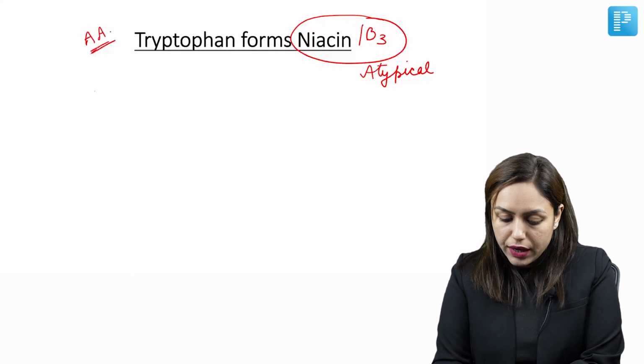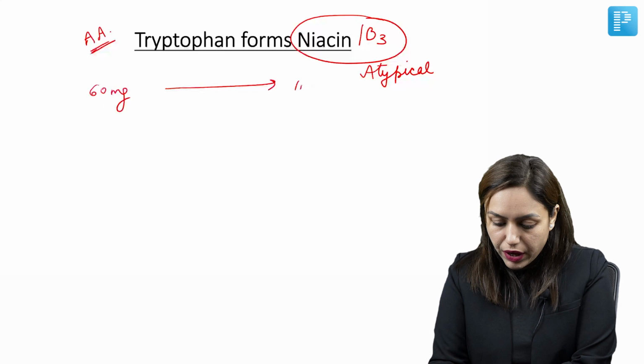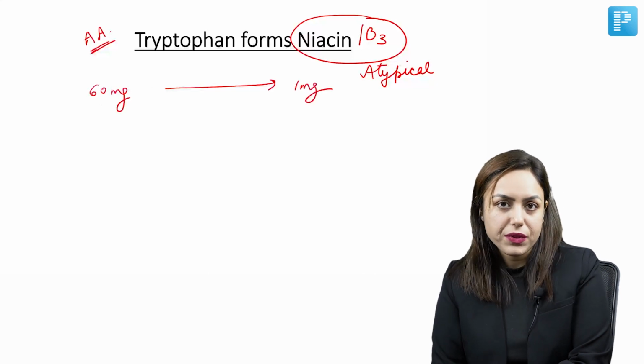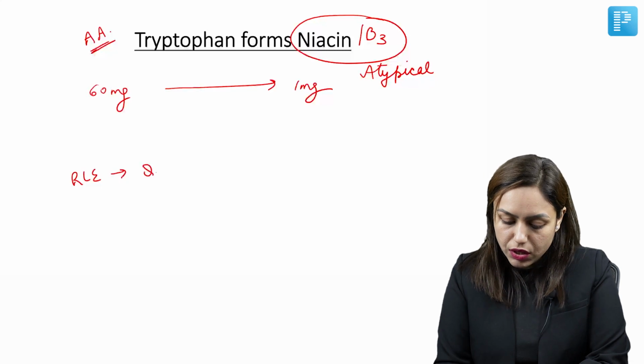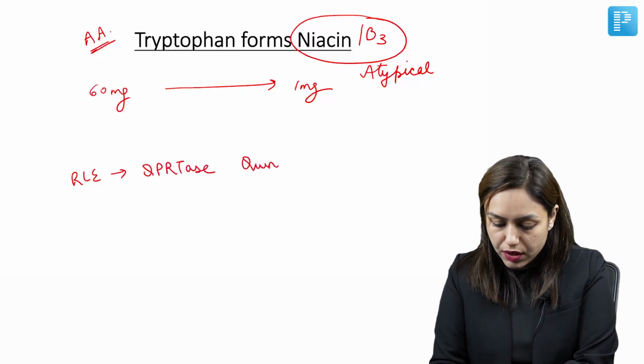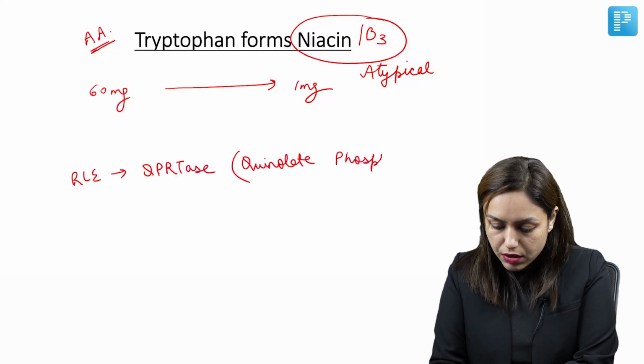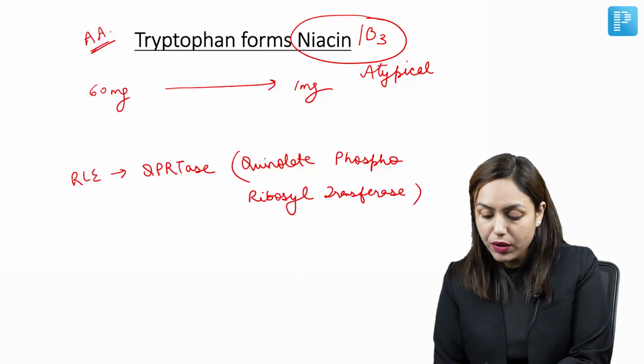You need to learn that 60 milligrams of tryptophan will make 1 milligram of niacin. The rate limiting enzyme in this pathway is QPRTase, quinolinate phosphoribosyl transferase.